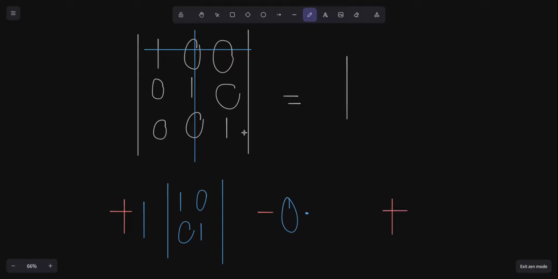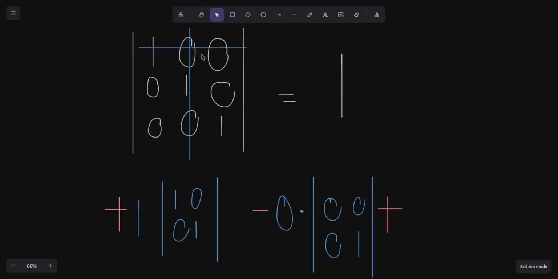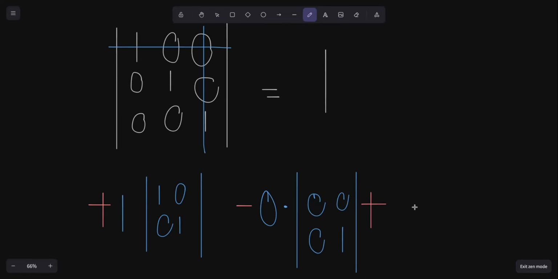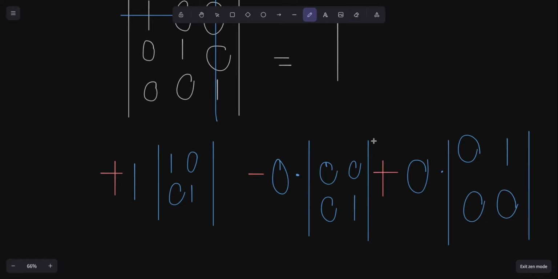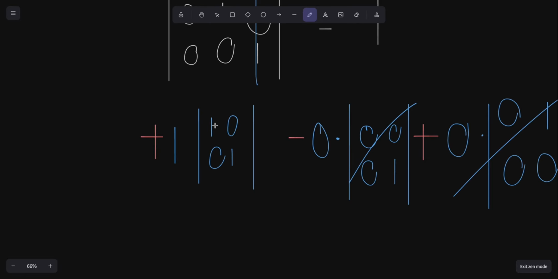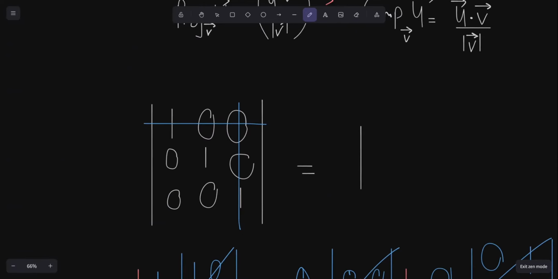So 0, 0, 0, 1. And this is going to be plus, and now I'm going to do the same thing for the last column. This is in the first row, last column, and so this is just going to be 0 times the determinant of the remaining matrix. And 0 times whatever this is just 0. The determinant of this 2 by 2 matrix is just going to be equal to 1, and so 1 times 1 gives me that volume of 1, which we saw beforehand, okay?